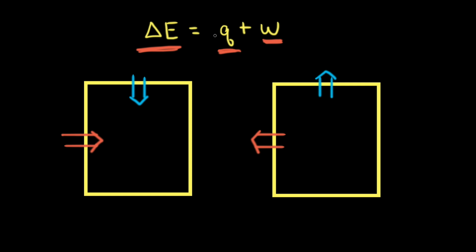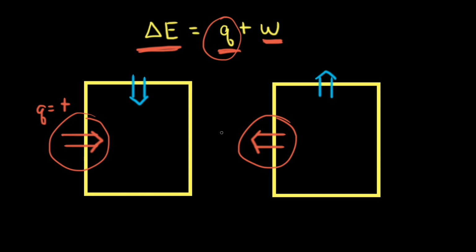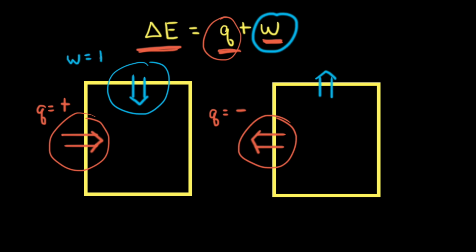Let's look at the sign conventions for the first law of thermodynamics. When we think about Q, when heat flows into the system from the surroundings, we say that Q is positive. When heat flows out of the system and into the surroundings, we say that Q is negative. For work, when work is done on the system by the surroundings, the work is positive.